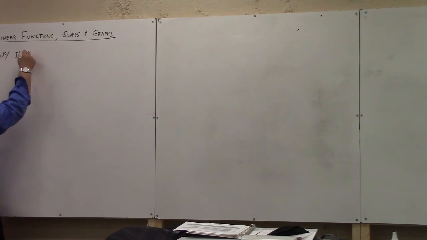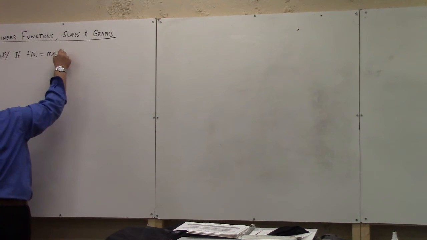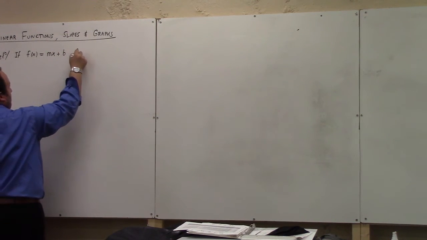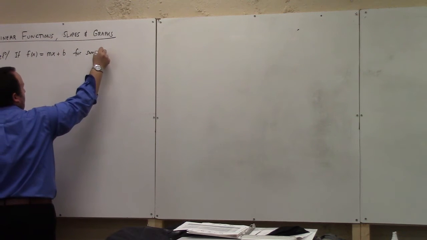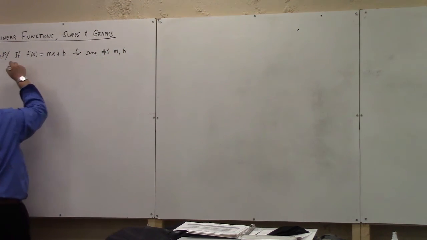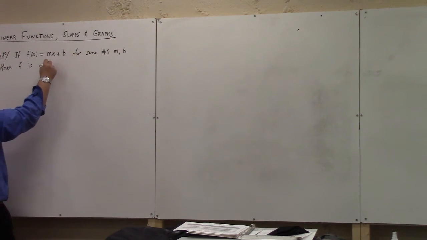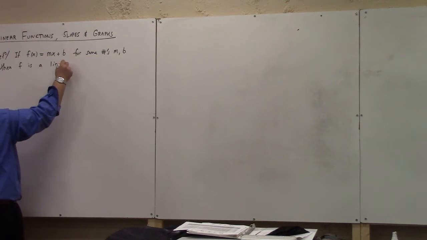If f of x equals mx plus b for some numbers m and b, then f is a linear function.